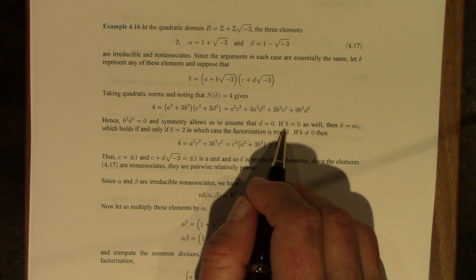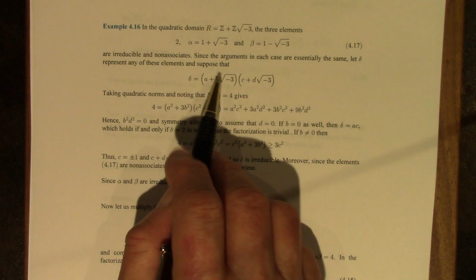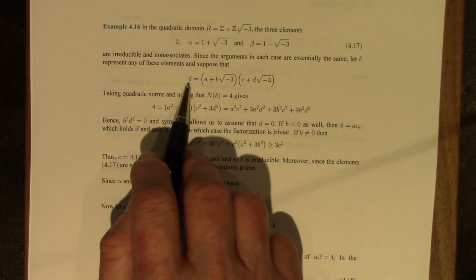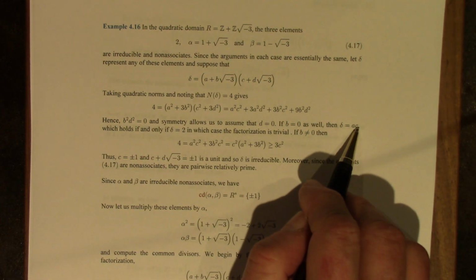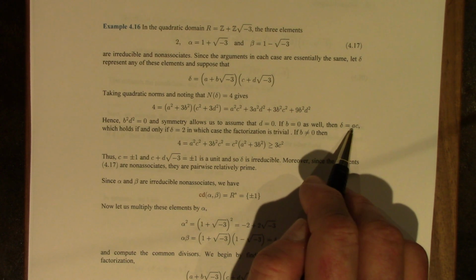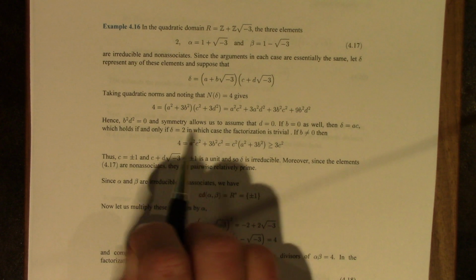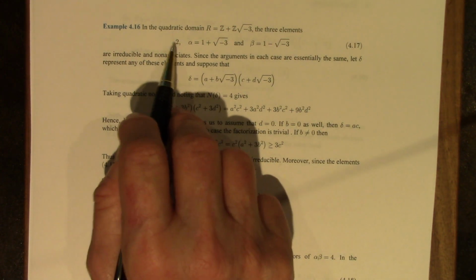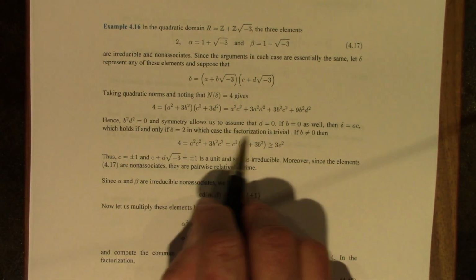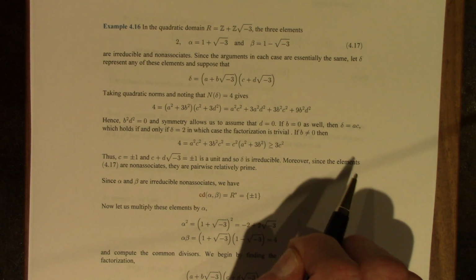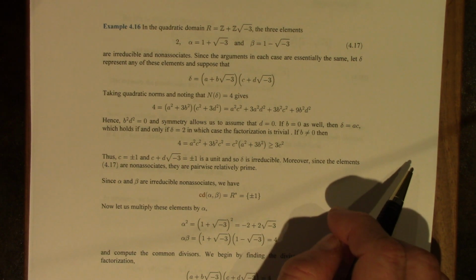If b is also 0, then this reads delta equals ac. Remember, a and c have to be integers. The only time this can hold is if delta is in fact 2, and then the factorization is trivial. One of the factors is a unit.